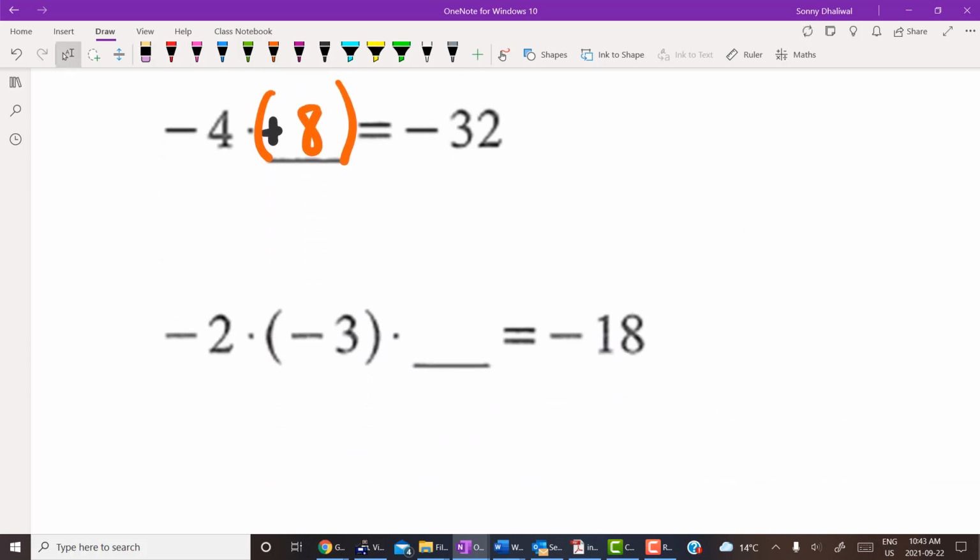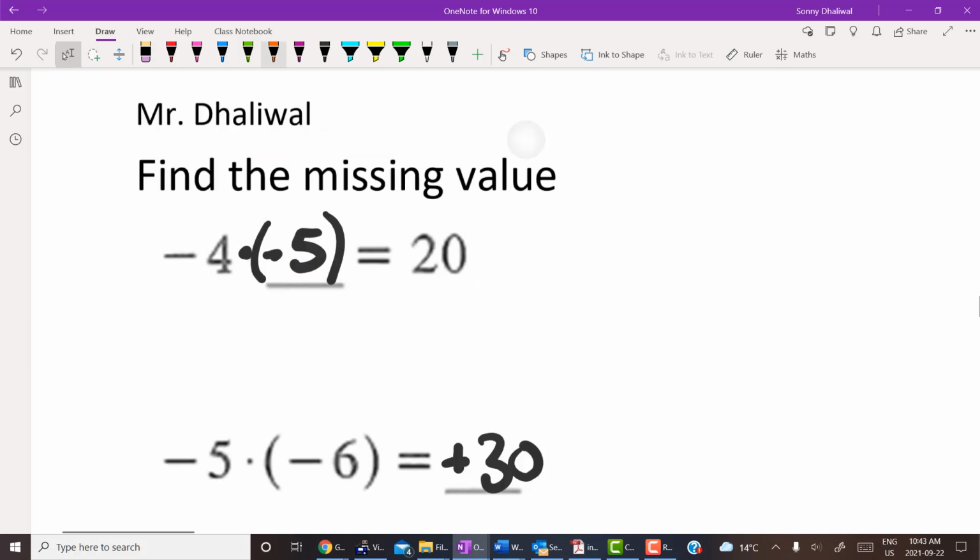Okay. We've got 3 numbers here now. These all multiply to make negative 18. So looking at this, does this missing number have to be positive or negative? Adam? Positive. Ooh. I hear like 50-50 from you guys. It has to be negative. Okay.